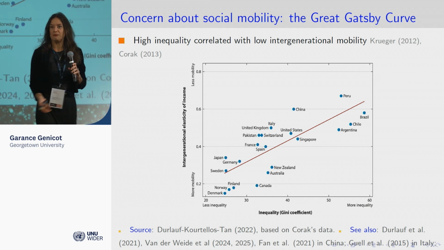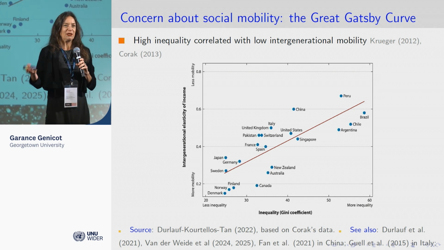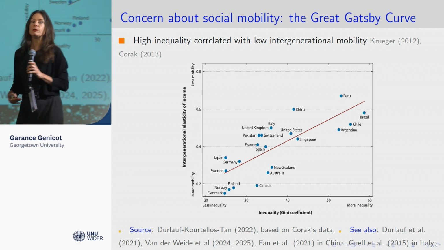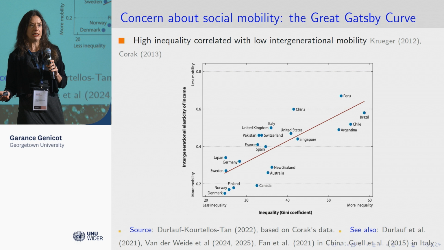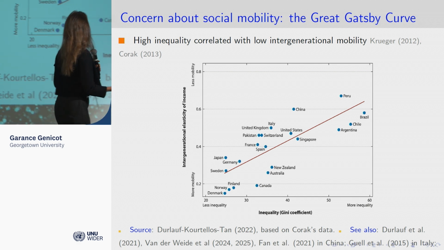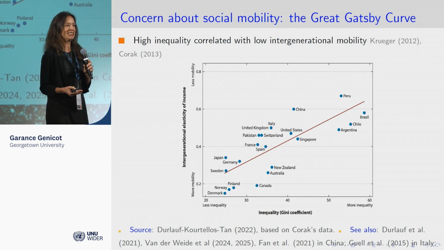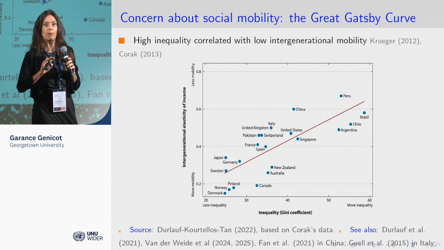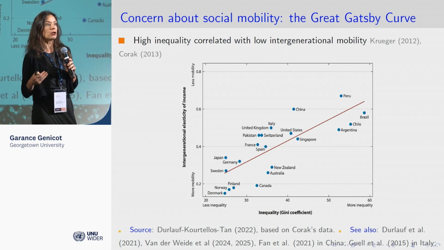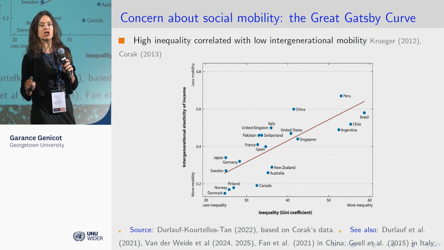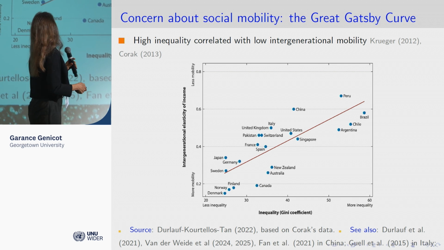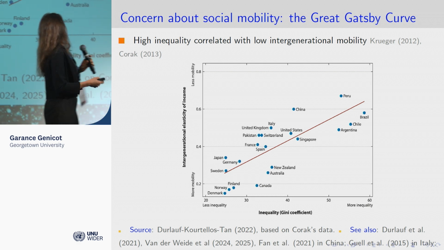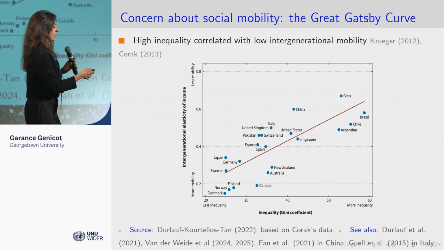This has been motivated by the entire session: there has been a lot of concern about the link between inequality and social mobility. So the Great Gatsby curve is the brilliant name that Alan Krueger gave to the relationship, a plot that was done by Corak, plotting the intergenerational elasticity of income against inequality.